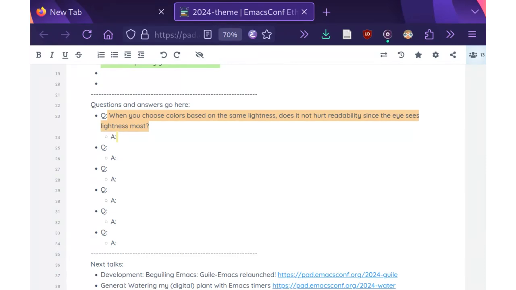So I have good readability. But for a random theme in Monte Carlo, it's hard because it's just random. But yeah, that's a really good point. And that's also one of the motivations I did the grayscale theme, to explore just using lightness.